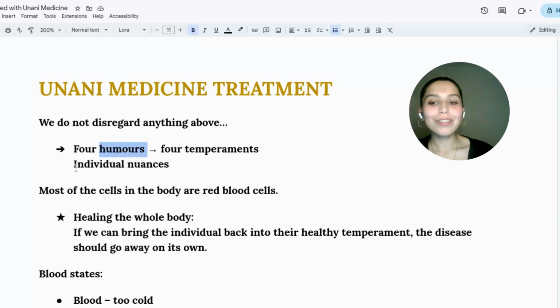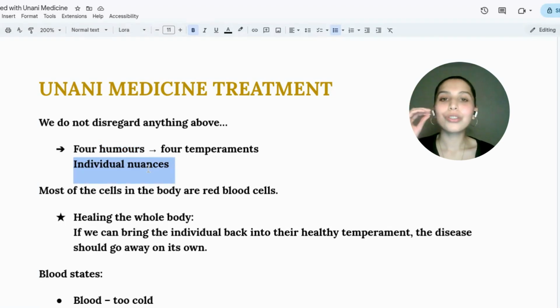so there are individual nuances, and I'm going to create a separate video to explain this a little bit further, just because to a Western mind, or a mind that's not familiar with the Unani framework, this can become a little bit difficult to understand.